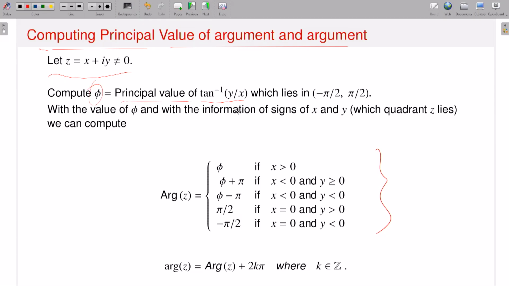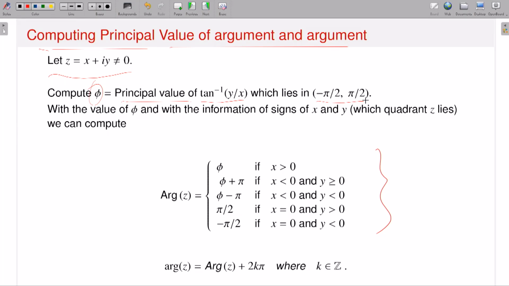You should calculate phi, the principal value of tan inverse y by x, which lies in the interval minus pi by 2 to pi by 2.